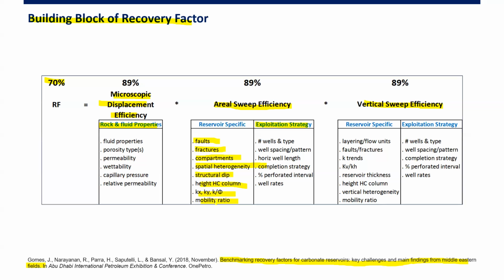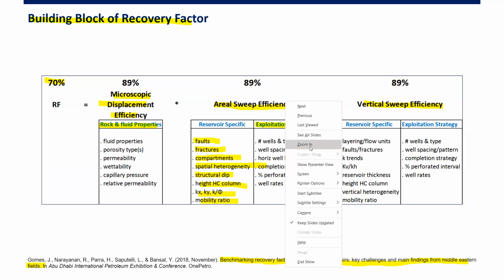But still, regarding areal sweep efficiency, we have something to do, which is included in exploitation strategy. All of this will control the areal sweep efficiency by a lot. The influence, the effect can be quite significant.